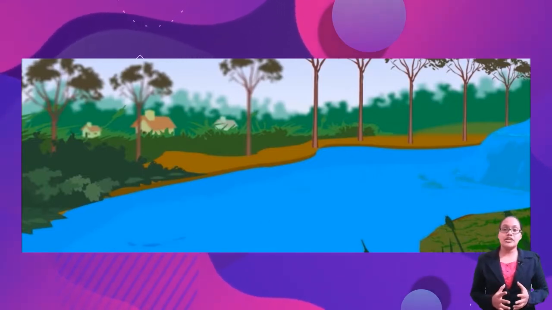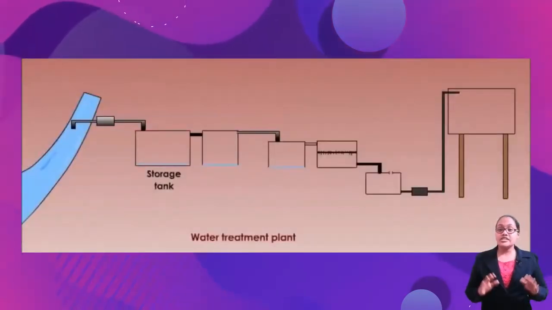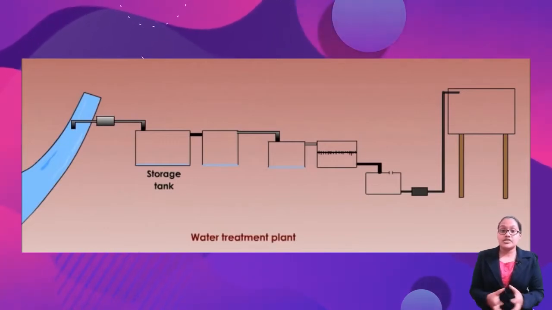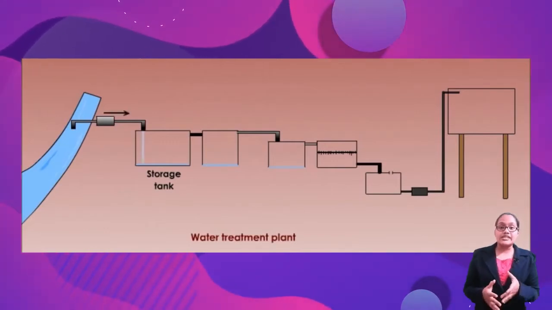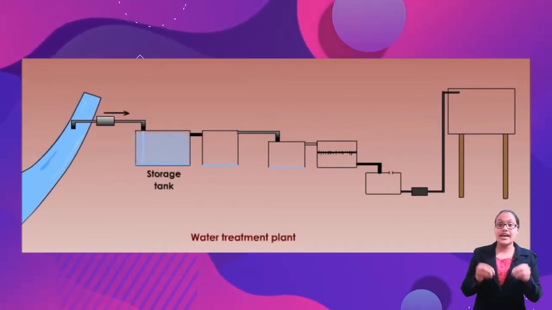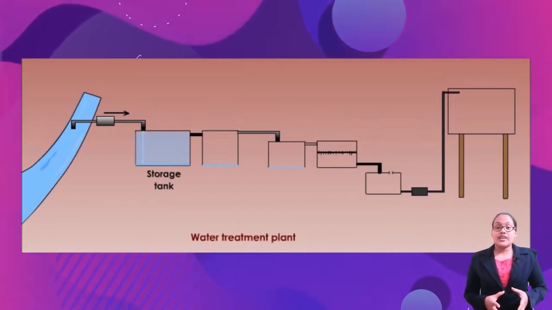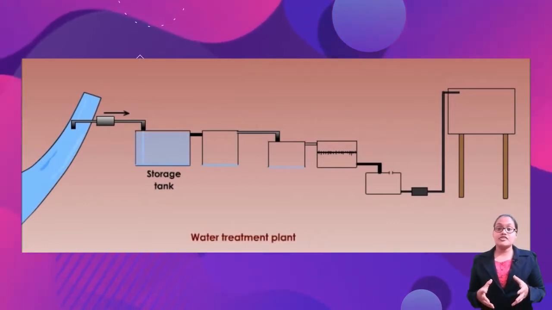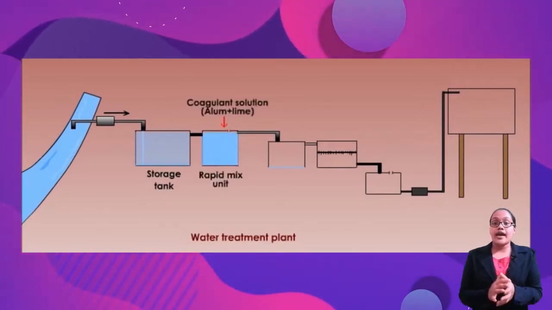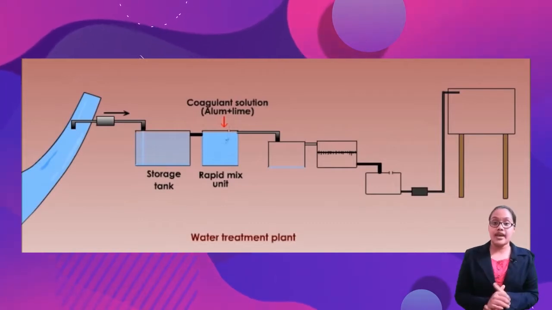Then it is pumped into a sedimentation tank where all the insoluble particles settle down at the bottom of the tank. From there it is pumped into a loading tank where alum is added to this water. The alum fuses with the suspended clay particles in water, and together they settle down at the bottom of the loading tank.